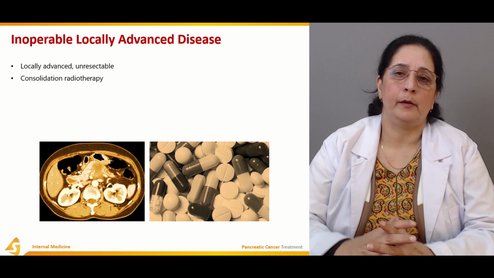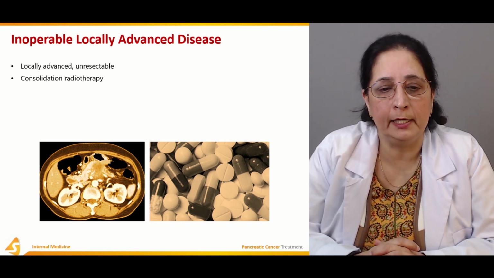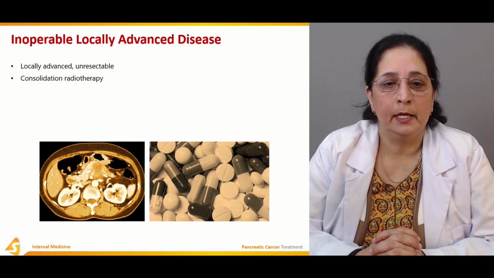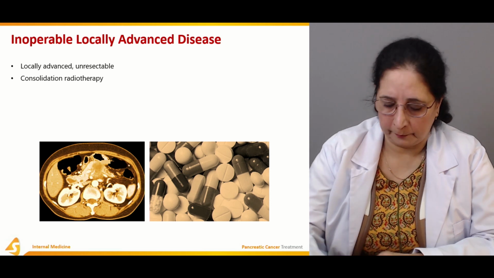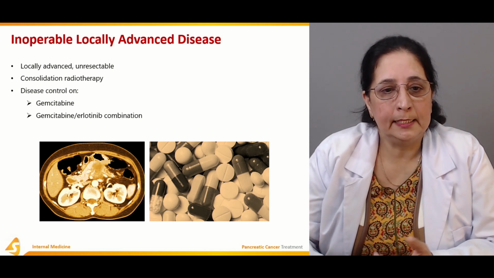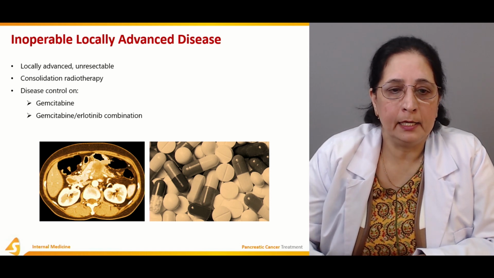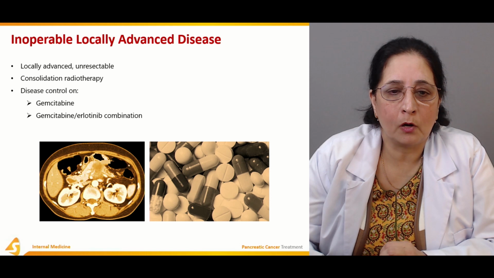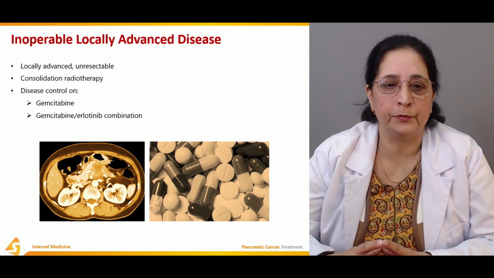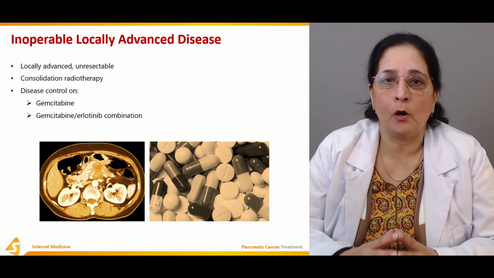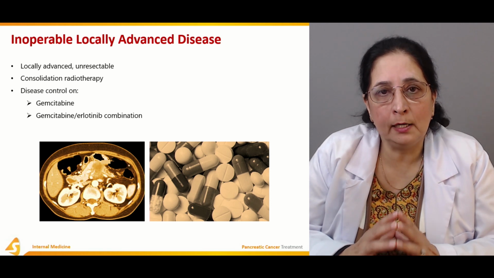Consolidation radiotherapy is done for this inoperable type of locally advanced disease, with disease control on gemcitabine and erlotinib combination. So these are the treatment options for the inoperable, locally advanced pancreatic cancer.